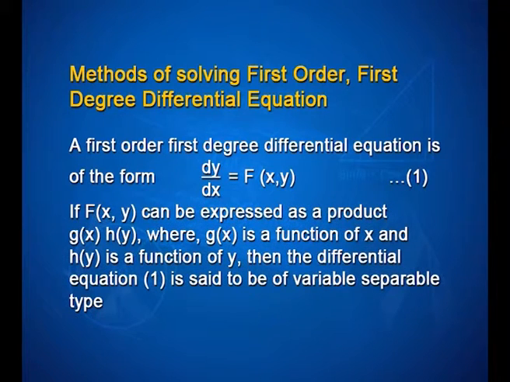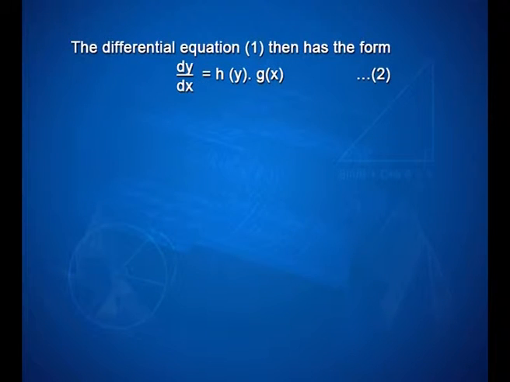If f of (x, y) can be expressed as a product g of x into h of y, where g of x is a function of x and h of y is a function of y, then differential equation 1 is said to be of variable separable form. The differential equation 1 then has the form dy upon dx is equal to h of y into g of x. Take this as equation number 2.